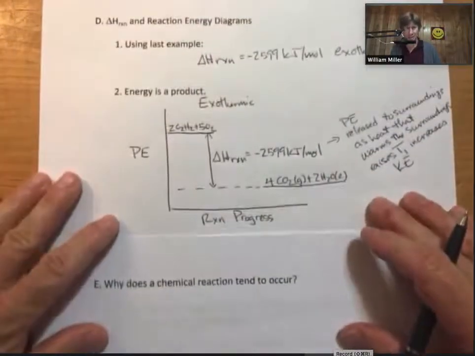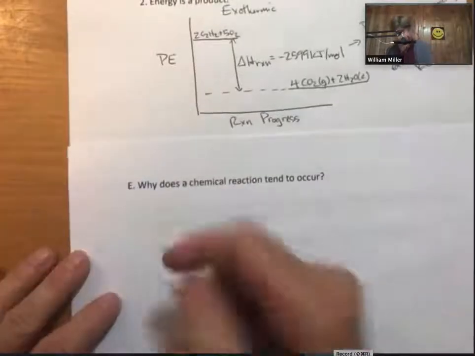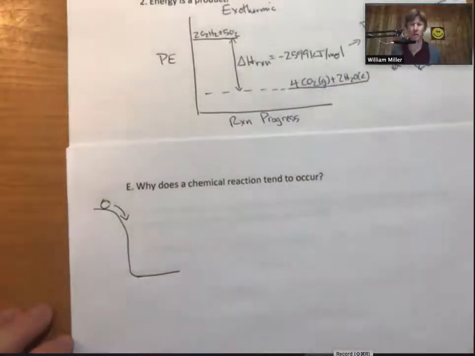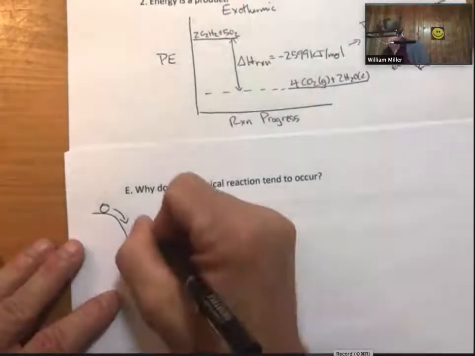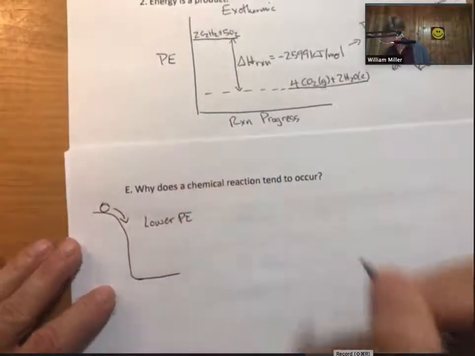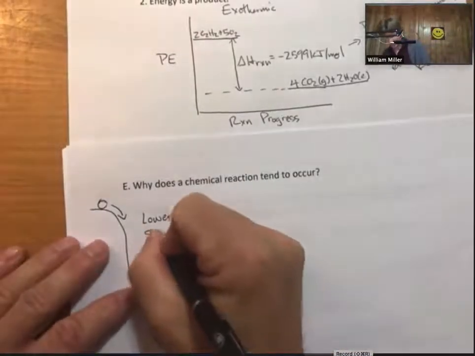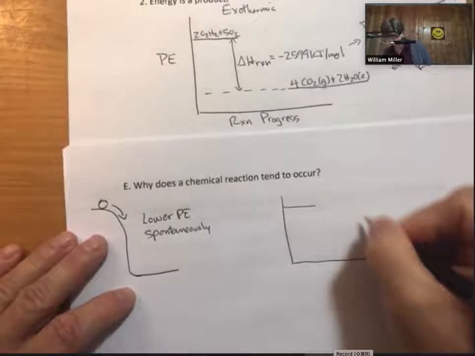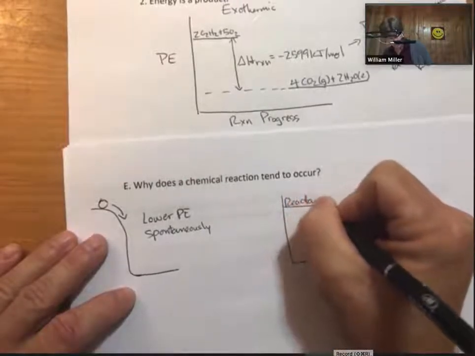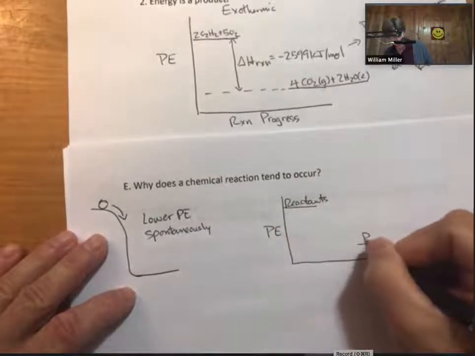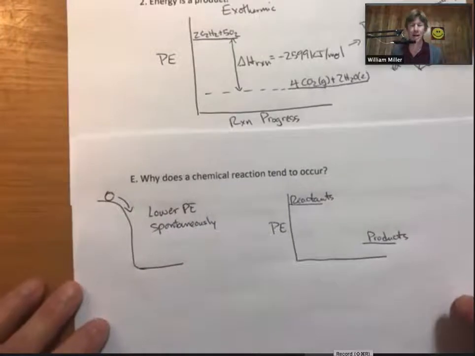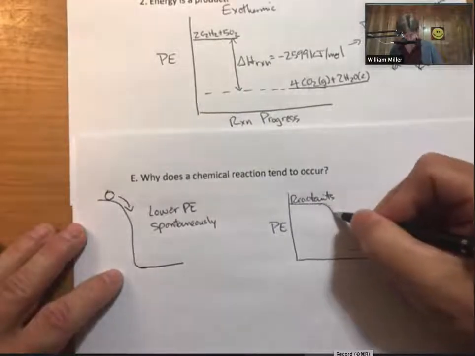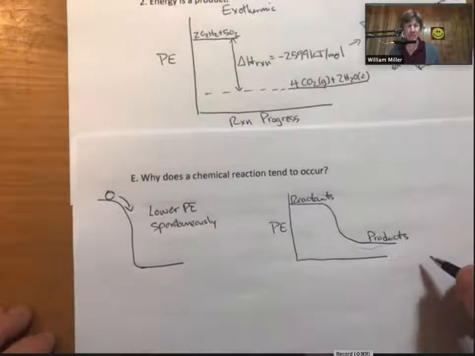Piggybacking off of what we just said and relating it to physics, in the same way that a ball will roll down a hill to lower its potential energy spontaneously, reactants will lower their potential energy to become products in a spontaneous process.